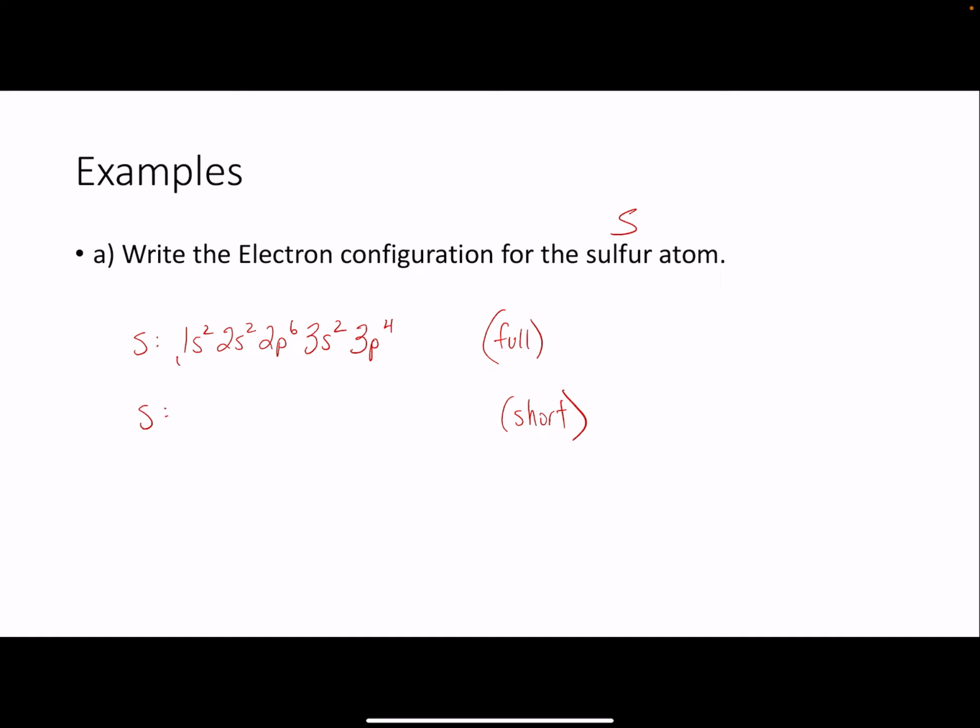I'm going to replace everything up to the last filled p orbital. So I'm looking for a p6. That's my clue that that's where it stops. Now if I look at it, neon is in the second row, in the p block, at position 6. So all of that gets replaced with neon, and the remainder stays.